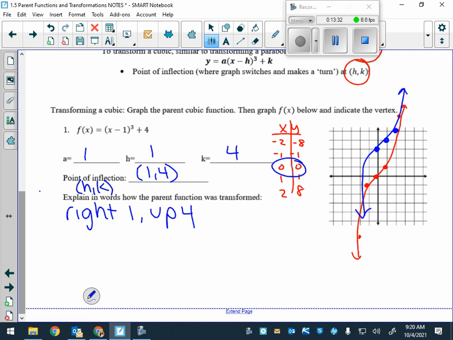What's -1 minus 1? -2. So if I do x equals -1, what's -2 cubed? -8 plus 4. -4. So I also have a point, -1, -4, right here.